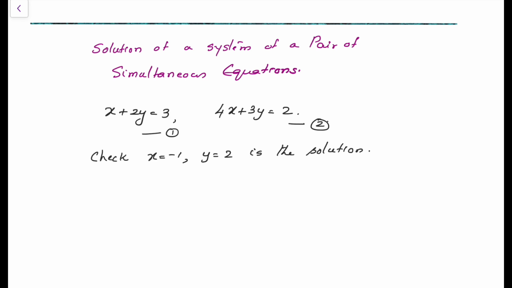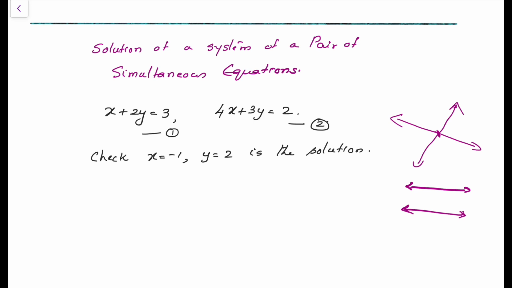So if it is intersecting, then it will have one common point. Two lines are there. If it is intersecting, it will have only one common point. If it is not intersecting, then the lines will be parallel. All these also you will be learning later in the chapter. So first we will do all this, try various methods how to solve the equations, and then we will come to those parts.